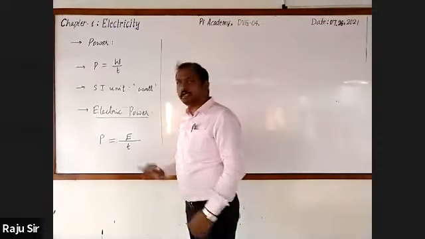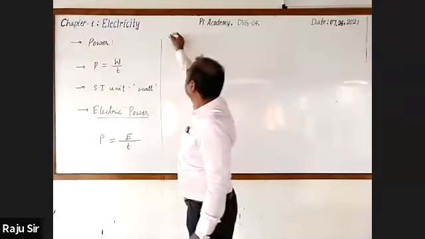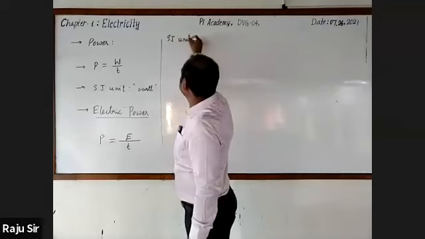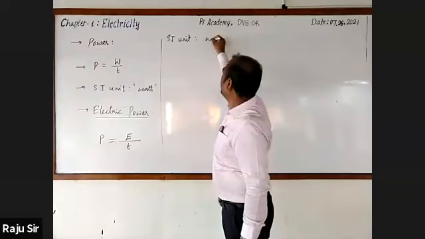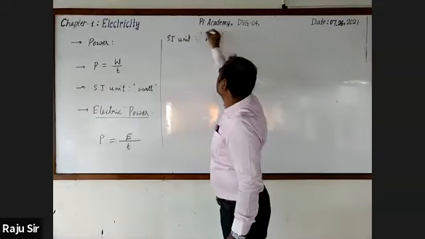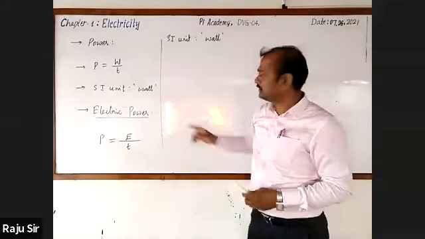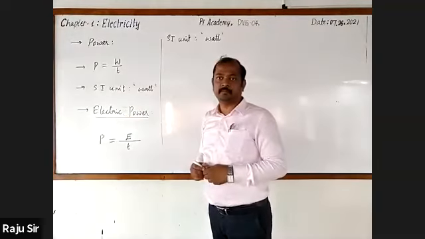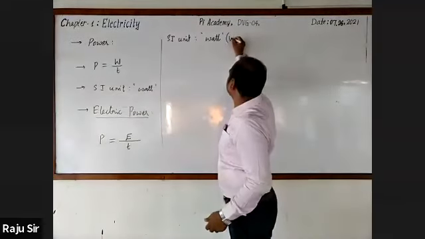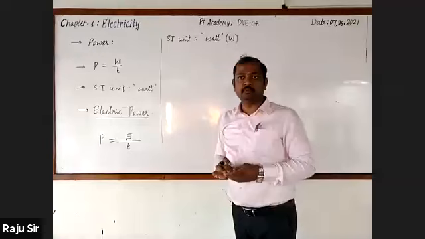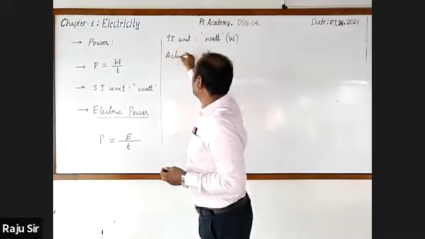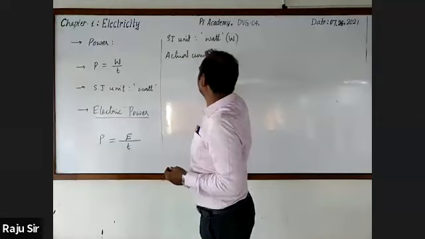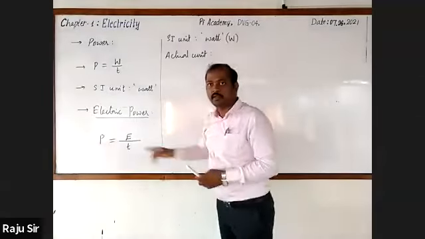And even its SI unit is also same as power. That is watt. Watt is the SI unit of electric power, and symbolically it is written as W. For its actual unit, we will use the formula.